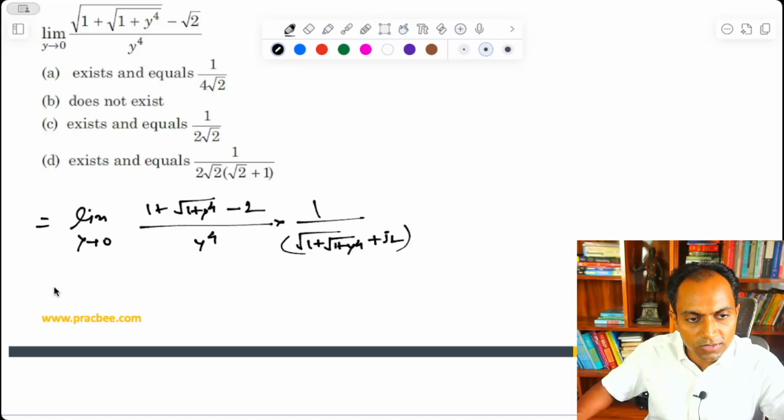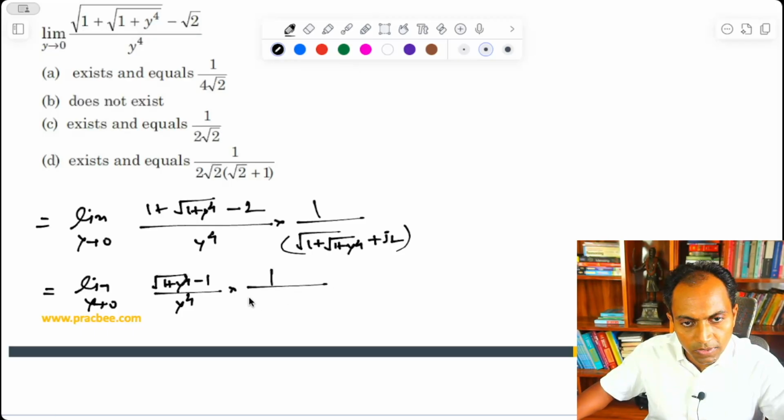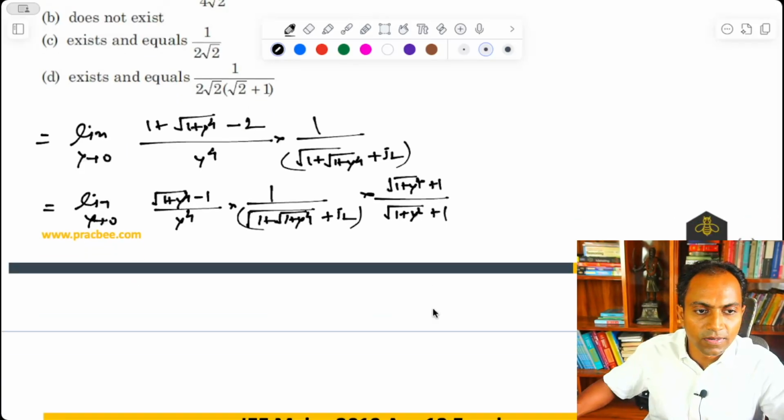So once you have got this, answer becomes limit y tends to 0, root of 1 plus y raised to the power 4 minus 1 by y raised to the power 4 into 1 by root of 1 plus root of 1 plus y raised to the power 4 plus root 2. And then you can again multiply and divide by root of 1 plus y raised to the power 4 plus 1, and again it will become rationalized.